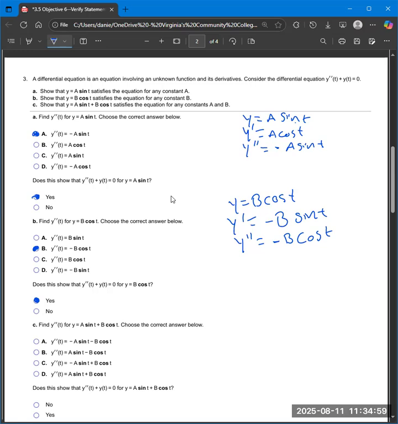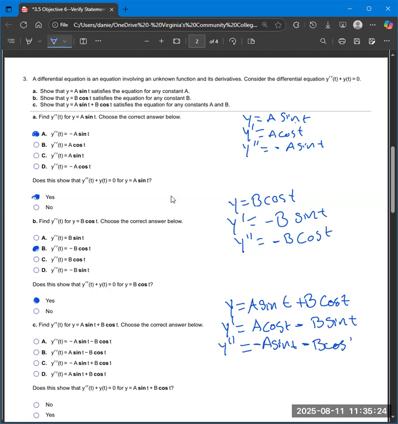So we're going to have the second derivative, if we have y equals a sine plus b cosine, y prime is a cosine minus b sine, y double prime equals, and it's these things here, negative a sine minus b cosine.